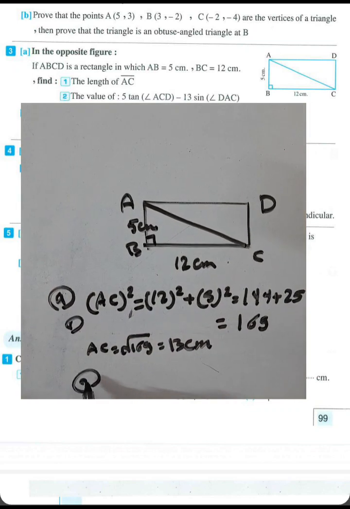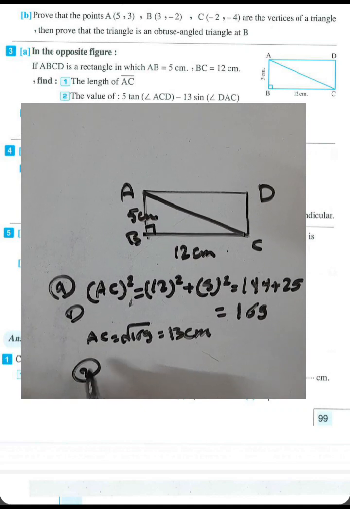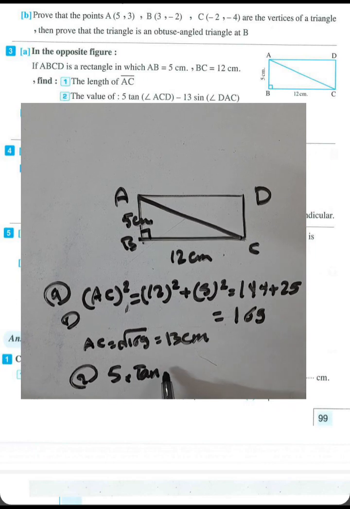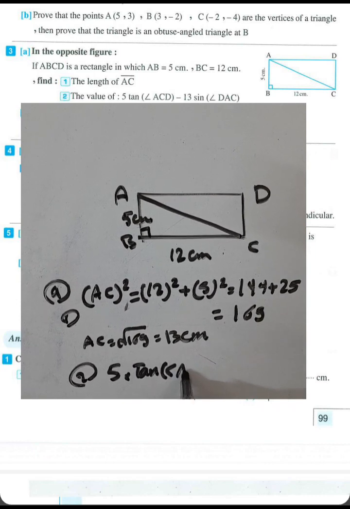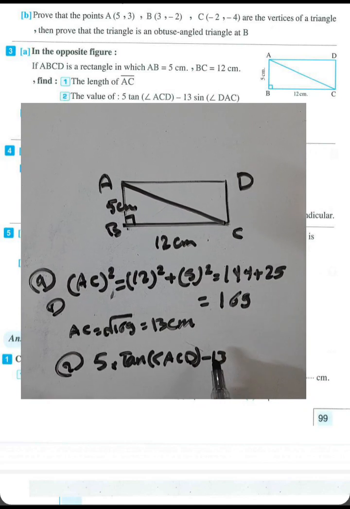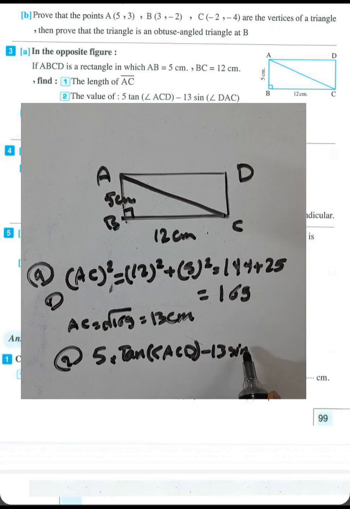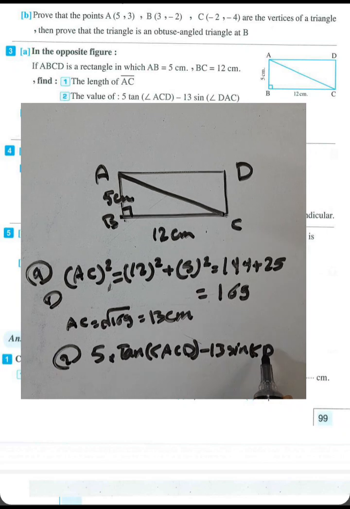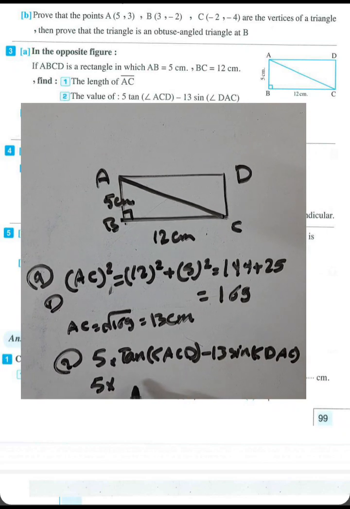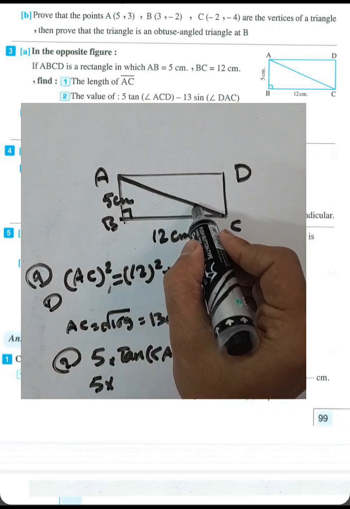Question number 2, if you want to find the value of 5 times tan angle ECD, subtract 13 multiplication by sine angle DAC. Okay, write 5 times tan angle ECD, this angle ACD.